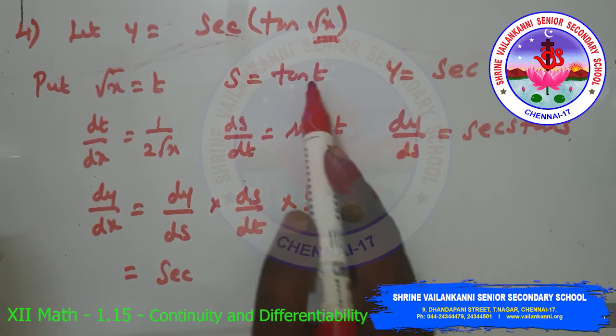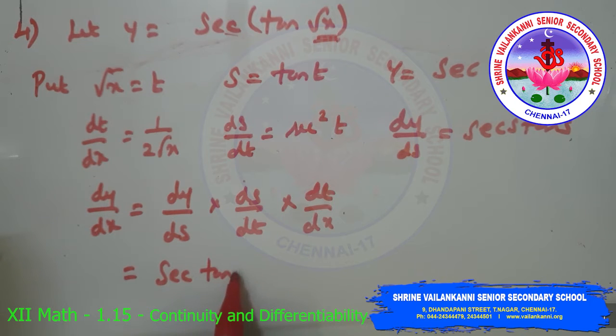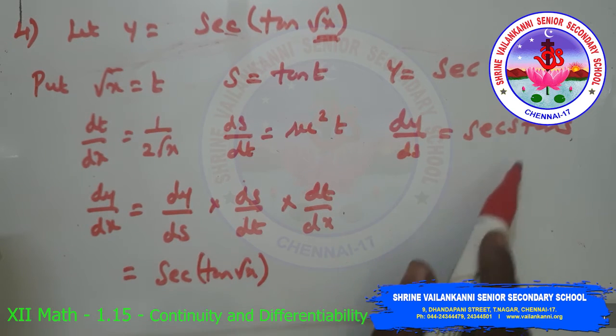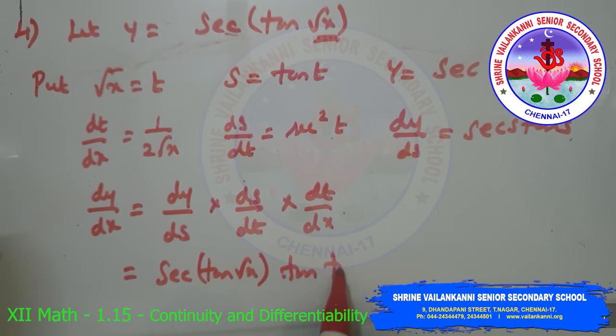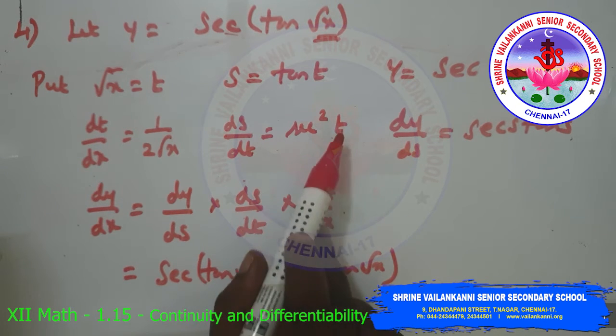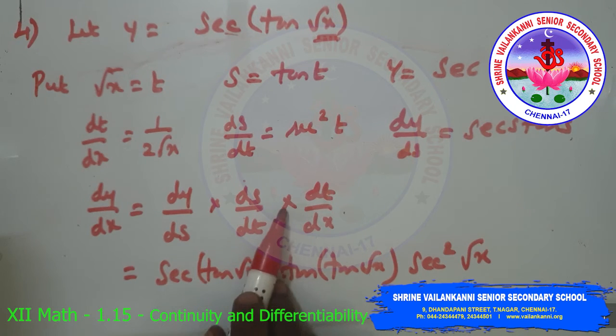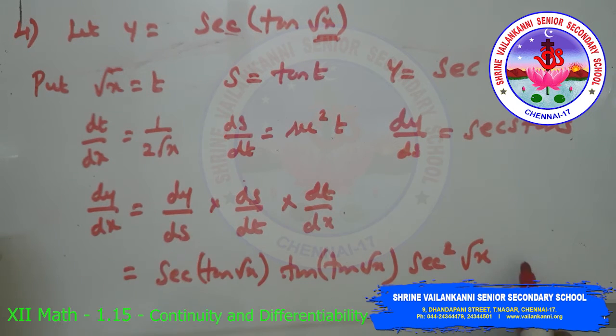S is tan t, t is root x. So secant of tan root x, tan of tan root x, ds by dt is secant square t. T is root x. So secant square root x into dt by dx, which is 1 by 2 root x.